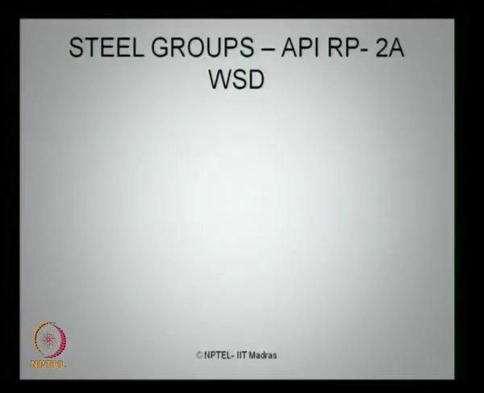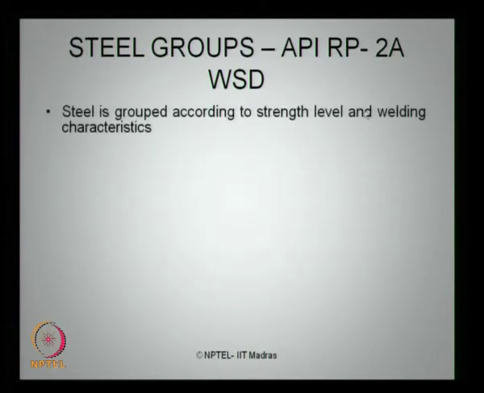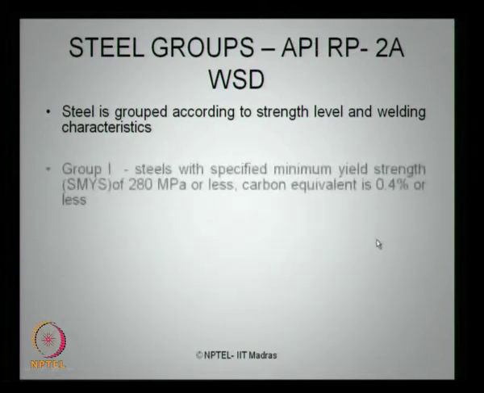If you look at steel groups based on API RP2A working stress design code, how does API RP2A group the steel? Steel is grouped according to strength level and welding characteristics. Very interestingly, not only strength but also weldability is seen as an important element to group steel for structural application as per American Petroleum Institute recommended practice 2A working stress design.